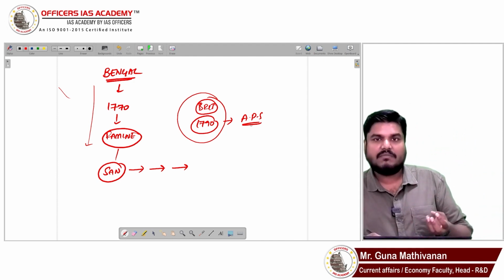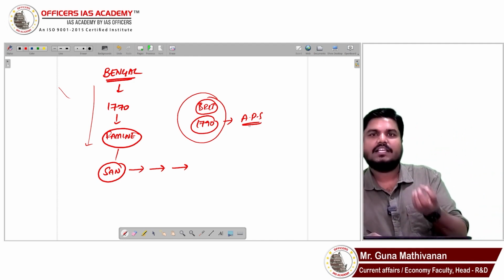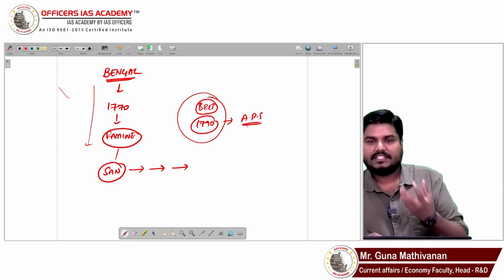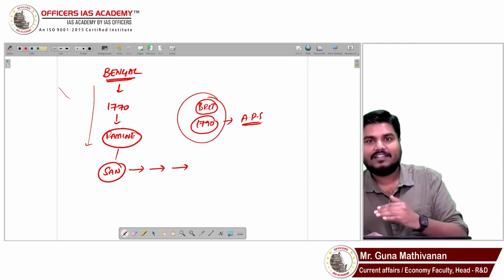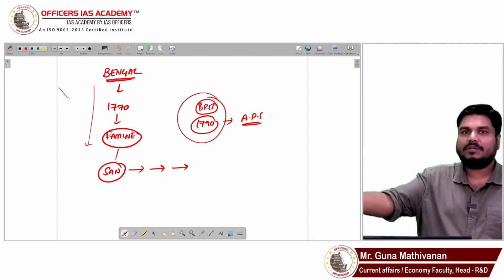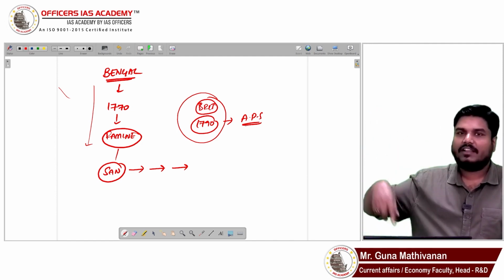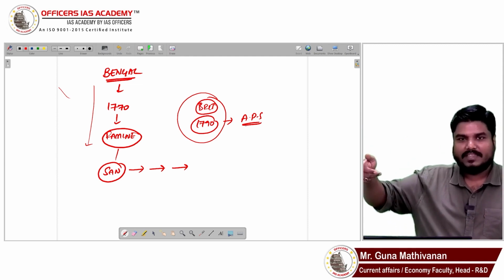The objective of the Permanent Settlement Act is to collect incomes, taxes, revenues from the farmers, from the tribes, from the people at regular intervals. So at regular intervals, farmers, people have to pay money to the Britishers. Yes or no?